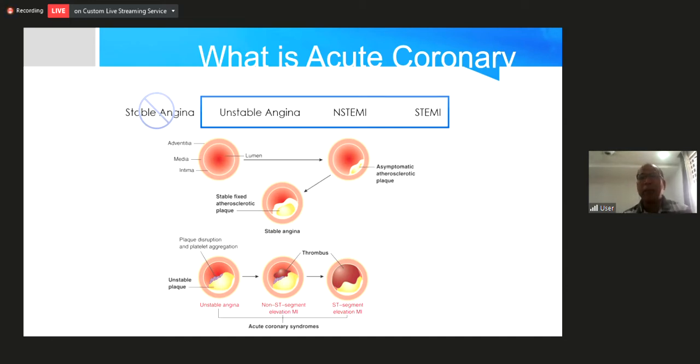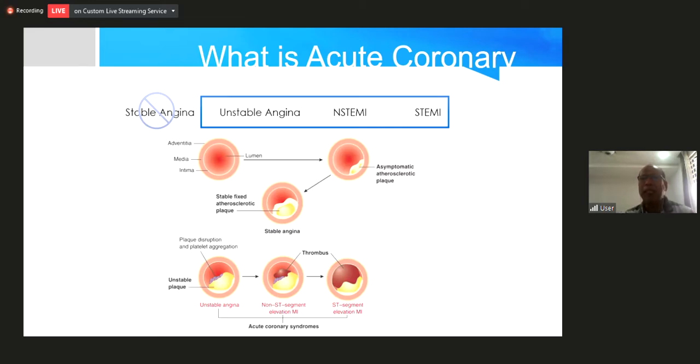In unstable angina and non-STEMI, it depends on the speed of the blockade. Basically it won't occlude the blood vessel 100%. But if the clotting mechanism occurs fast enough to give myocardial necrosis, the patient will present with non-STEMI.